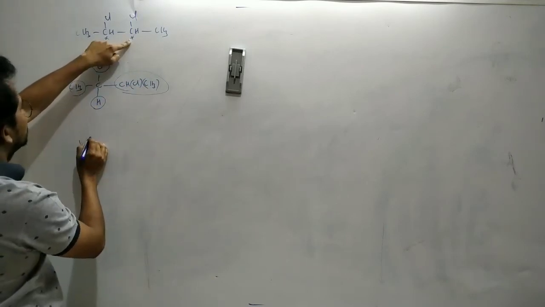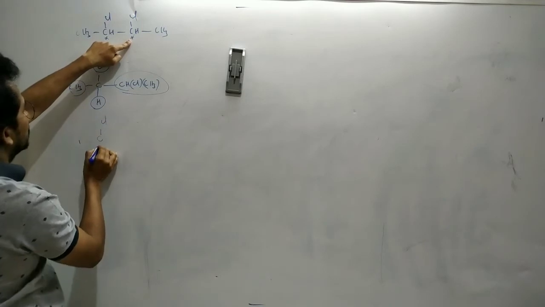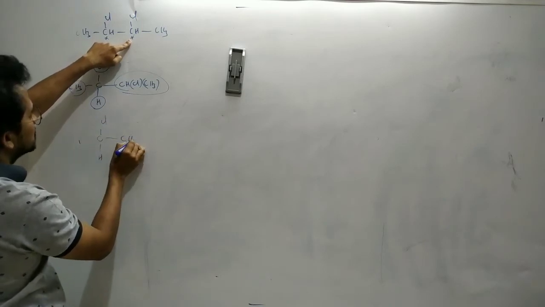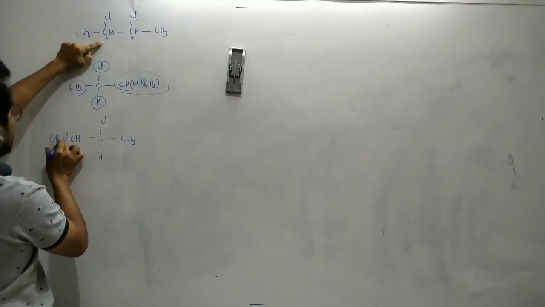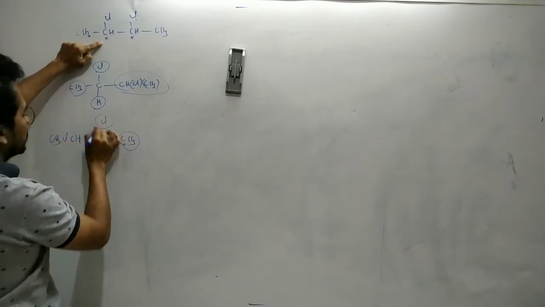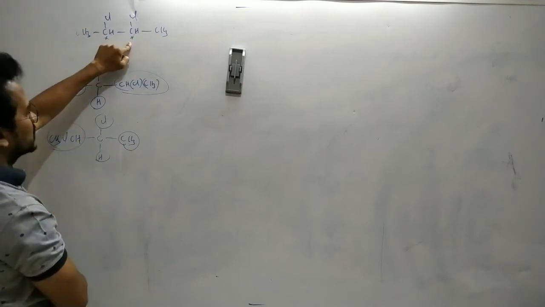Next, consider this carbon. It is attached to chlorine, hydrogen, methyl, and this one is CHClCH3. Again four different groups, so this one is also a chiral carbon.